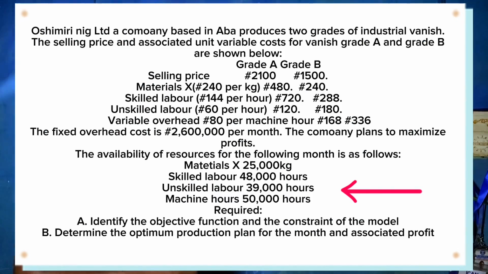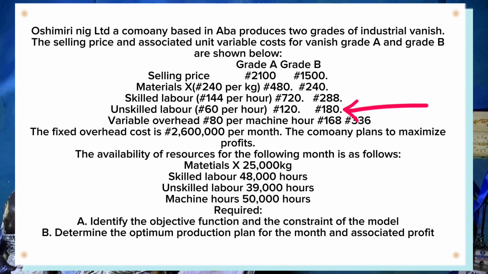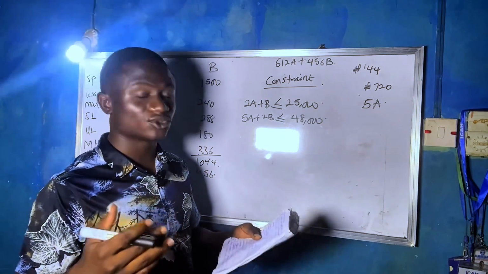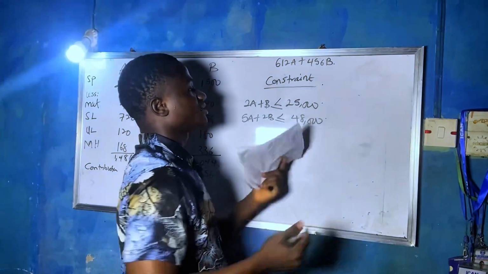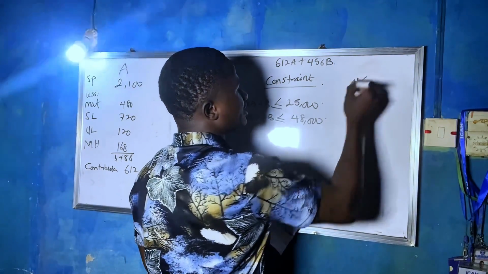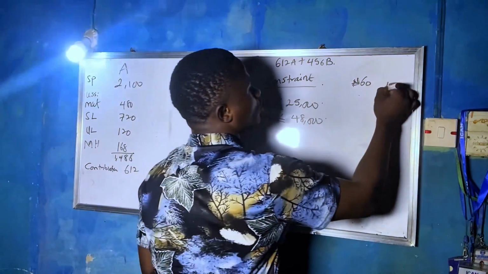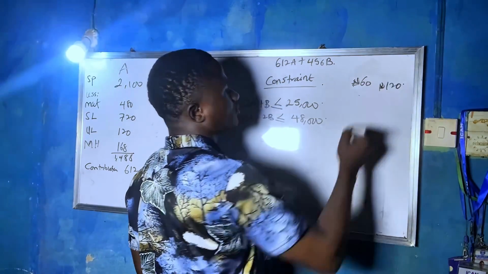Following, to continue, we have the unskilled labor, which is 39,000 hours. We're told in the question that unskilled labor is 60 naira per hour, and A is using 120 naira worth of unskilled labor.